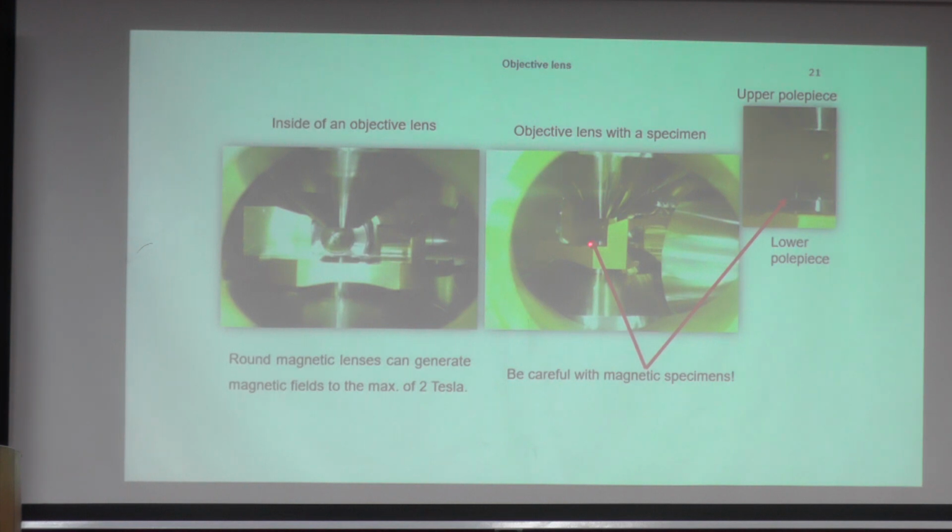And then to get it out, you need to open your system, which is also not good for the vacuum. You have to be careful not to scratch the pole pieces, otherwise you will get a non-uniform magnetic field.